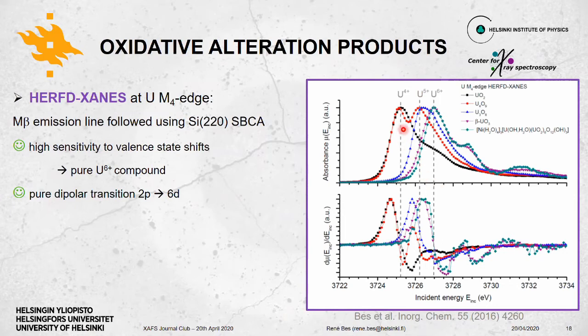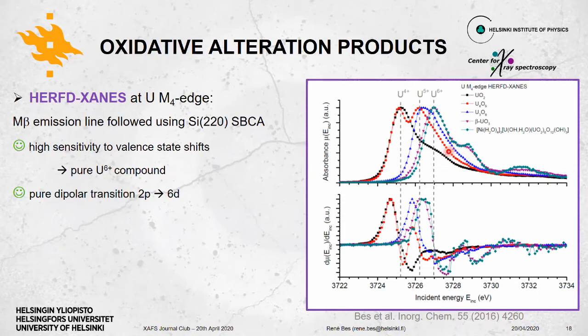So you have typical compounds containing uranium 4+, 5+, and 6+. And you can see that the resolution is nice enough to separate well uranium 4+, 5+, and 6+ with 3 different positions of the white line. And this allows us to confirm that this compound is purely uranium 6+.